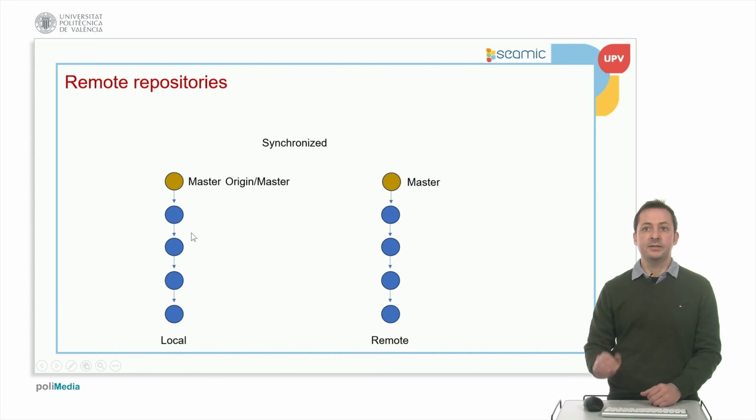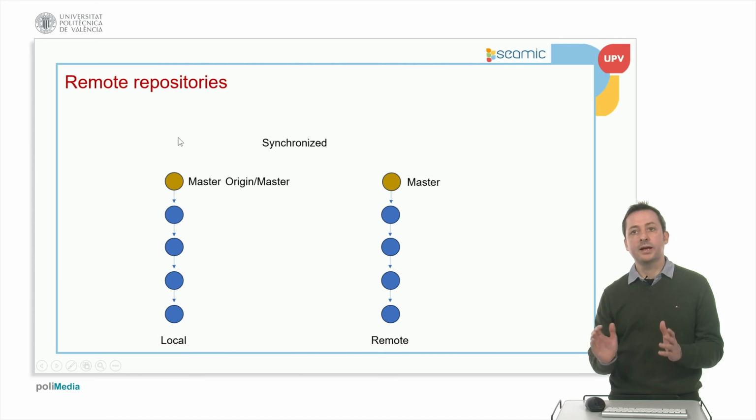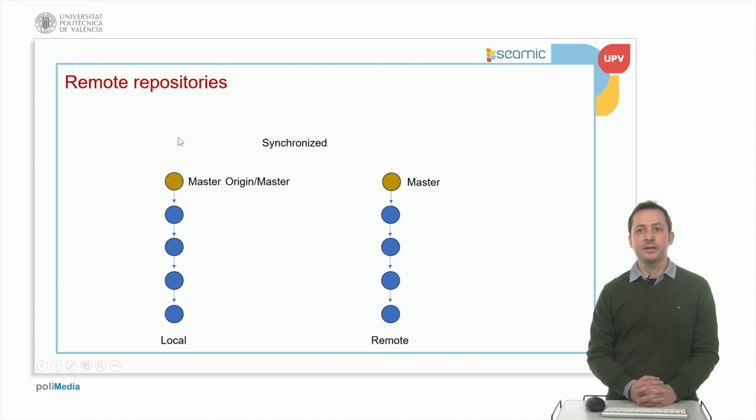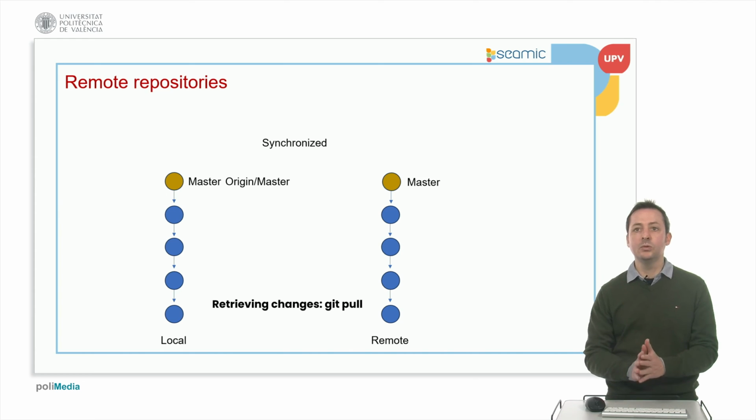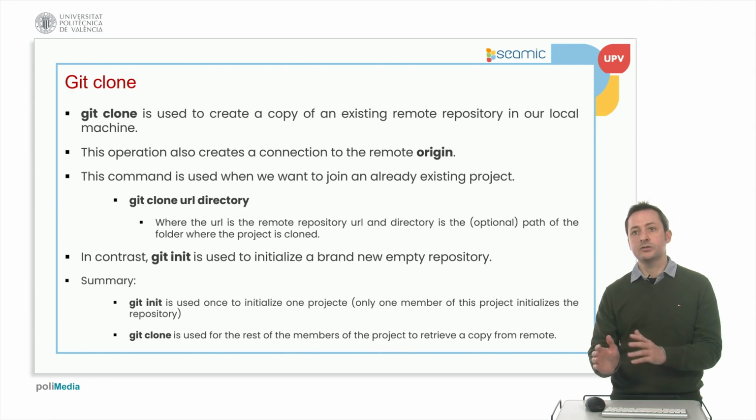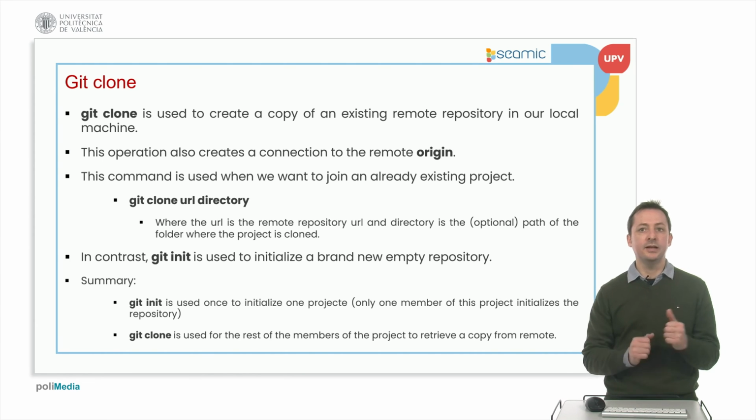And again, since this is the last time that we have talked to the remote, origin/master points to this commit. So we can send or retrieve information to and from the remote. To obtain this information from the remote, we use the git pull command. So basically, these operations allow us to send and to obtain information.